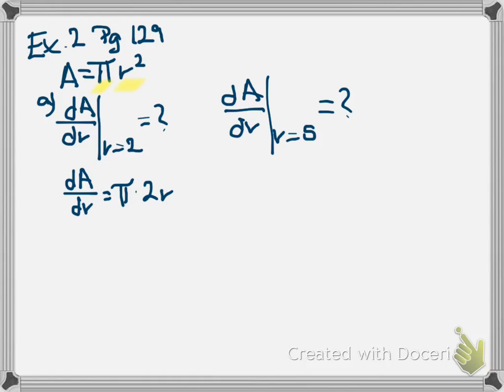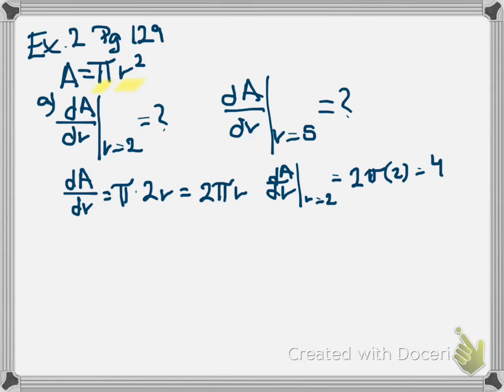So this is going to be 2 pi r, and dA on dr when r equals 2 equals 2 pi times 2, which equals 4 pi, and dA on dr when the radius equals 5 equals 10 pi.